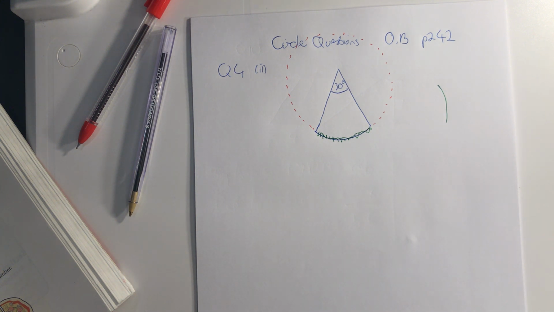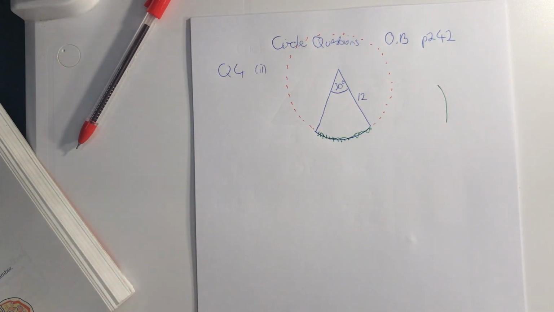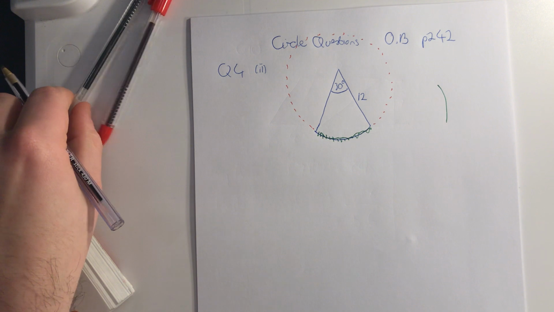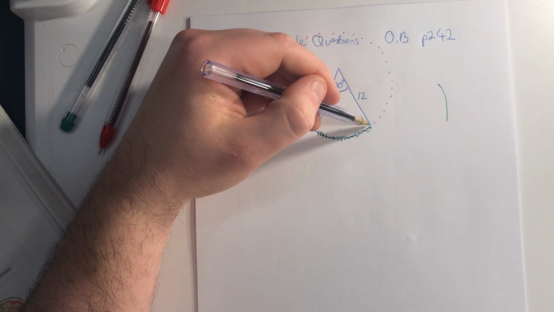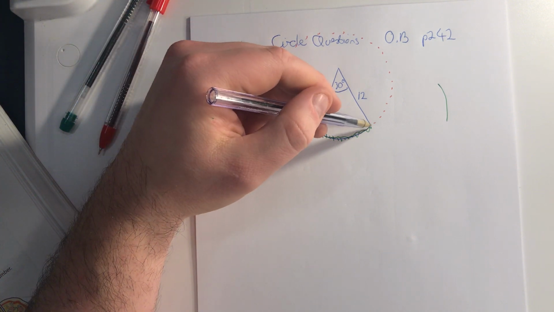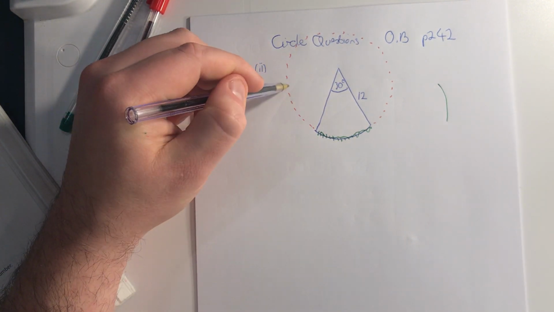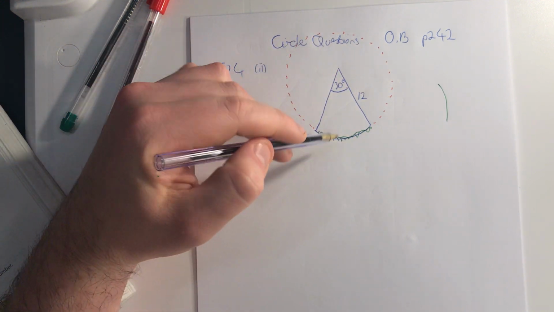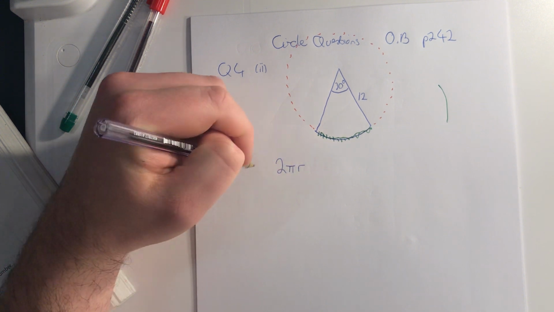Now, we're told that that distance is 12 as well. Okay. So, how does this work? Well, I'm going to imagine that the question was first of all asked me to find the full length of this circle all around here. So we know that the full length of this circle all around here is 2 pi r.